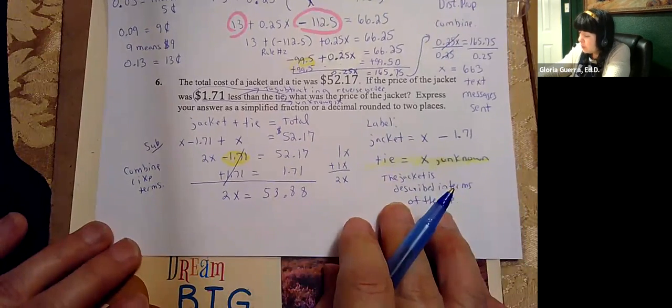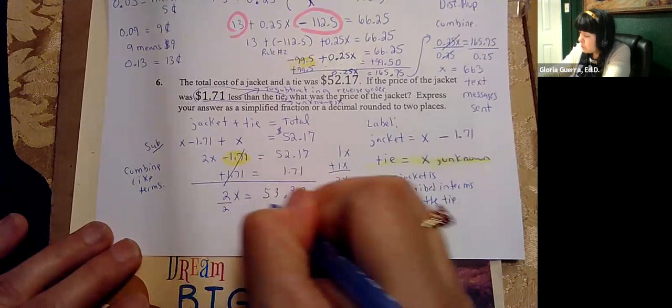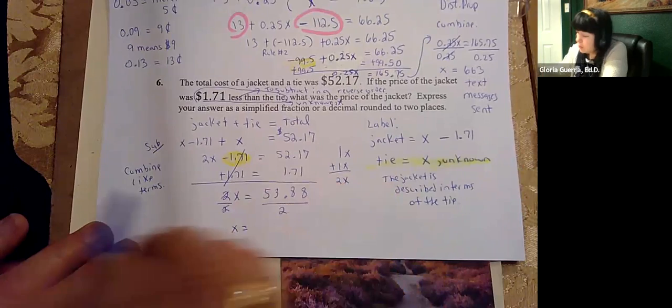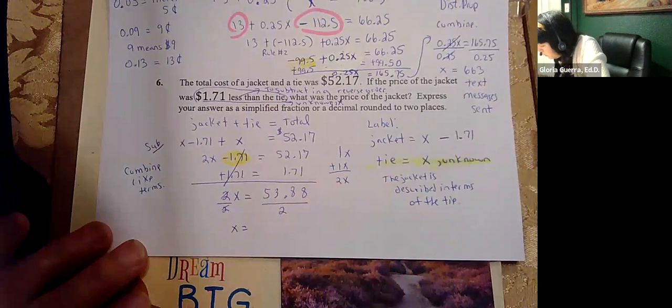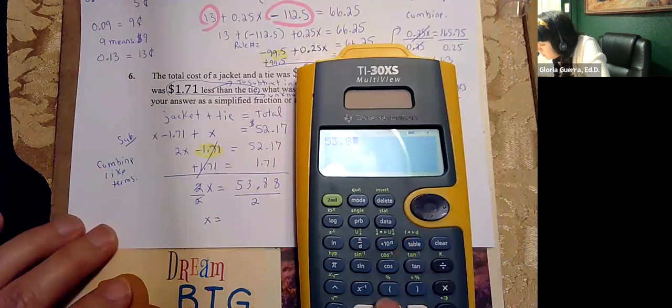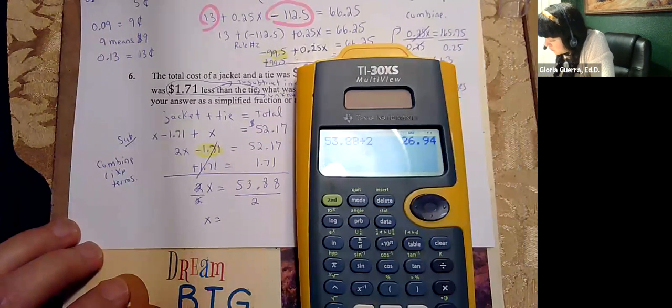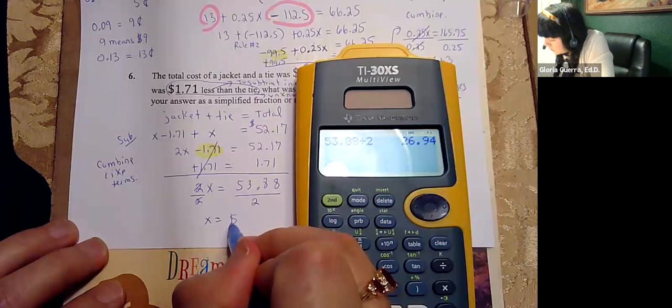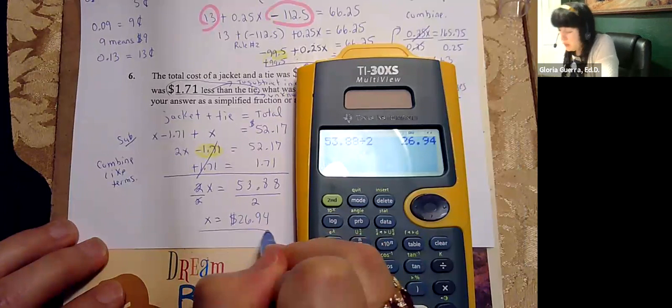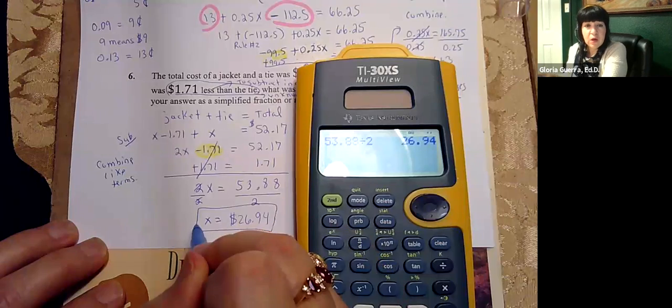And then I'm going to divide by 2. X equals, and I'm going to use my calculator for that. 53.88 divided by 2 is $26.94.